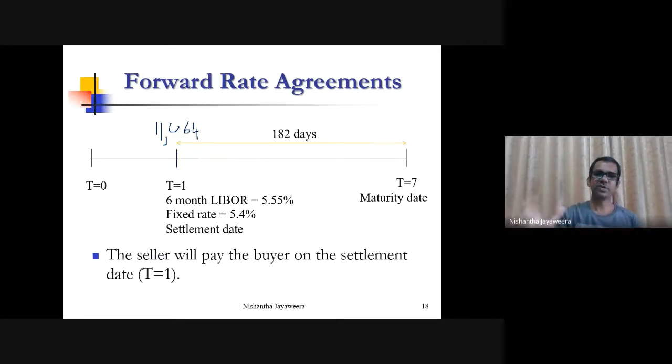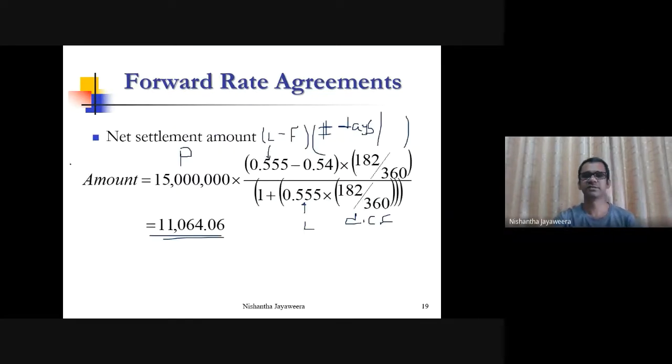If the LIBOR was lower than the fixed rate, say 5%, you still do the same calculation. Put 5% here, 0.54 there, then you will get a negative figure. What does it mean? The treasurer, the buyer of the FRA, should pay that amount to the seller.